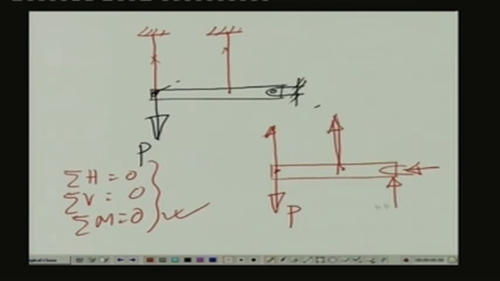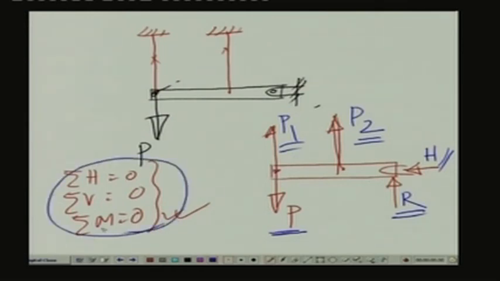So, there are reactive forces R, H, and let us call the rod forces P1 and P2, which are under the action of the transverse load P. Now, in this particular case, if you look, we have 4 unknown forces R, H, P1 and P2, and since we have only 3 equations of statics, this particular system cannot be solved using these equations of equilibrium alone.